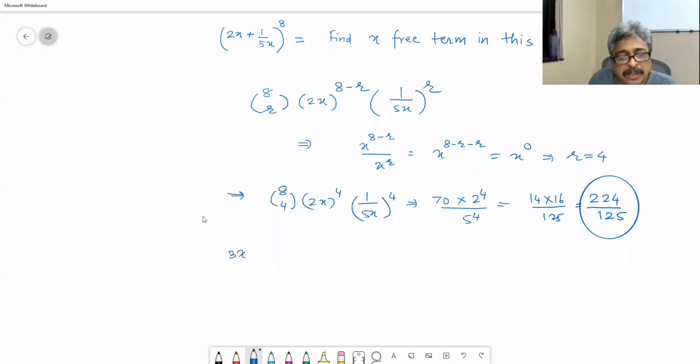3x raised to 2 plus 1 upon 2x raised to 3, wait, bracket raised to say 7.